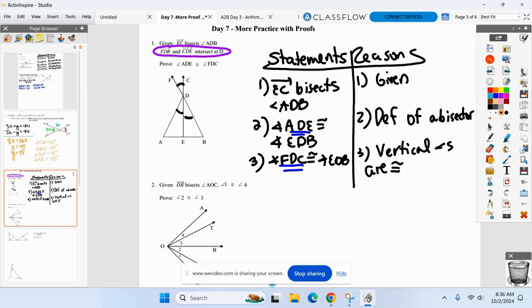We've been through this yesterday a lot. What do I know about those two angles if they're both equal to EDB? They've got to be equal to each other. Good proof, everyone. This is something you can expect on Monday.